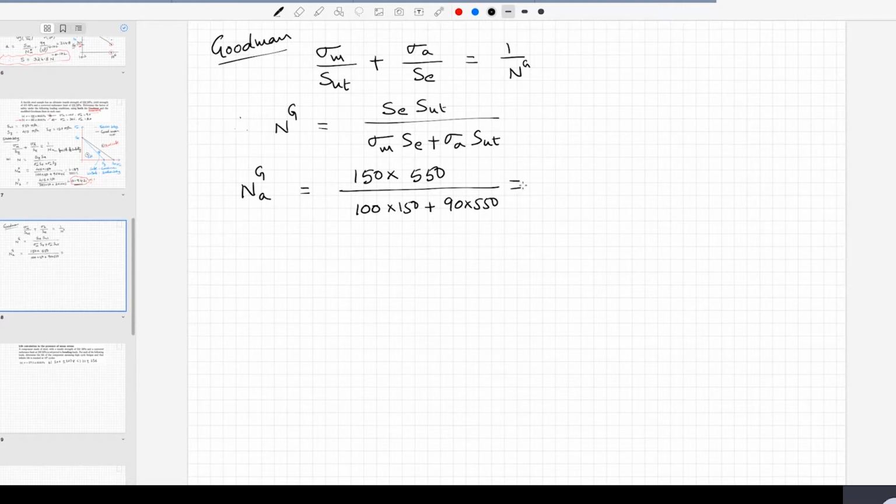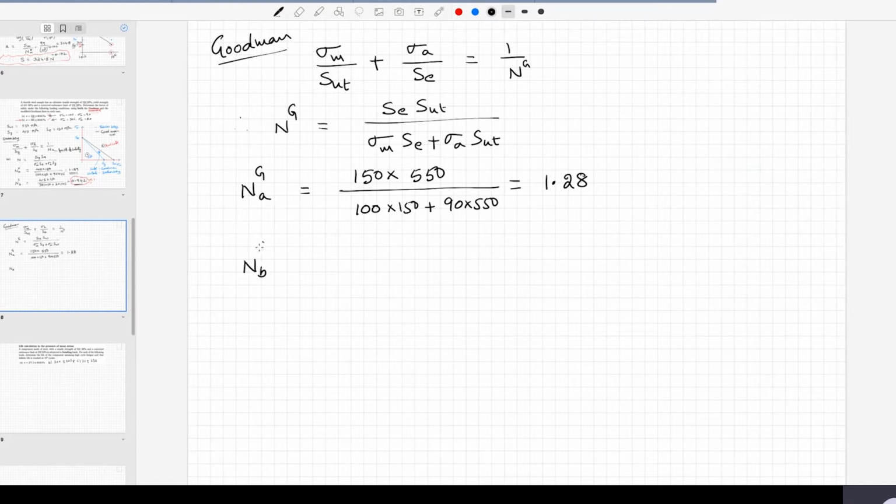All right, so let me calculate that again. 150 into 550 divided by 100 into 150 plus 90 into 550. That comes out to be 1.27 or 1.279, that is 1.28. So the factor of safety for stress state A is 1.28.